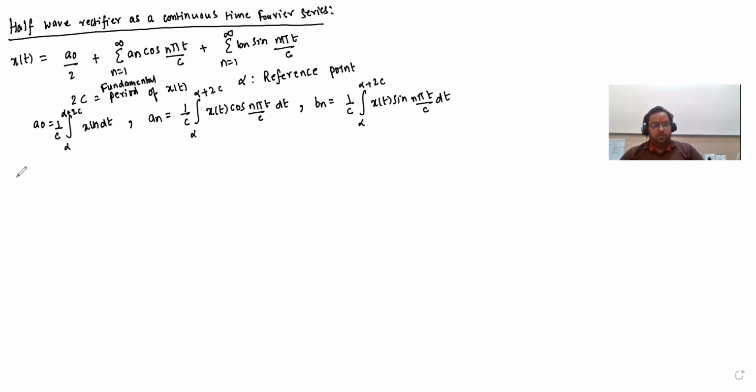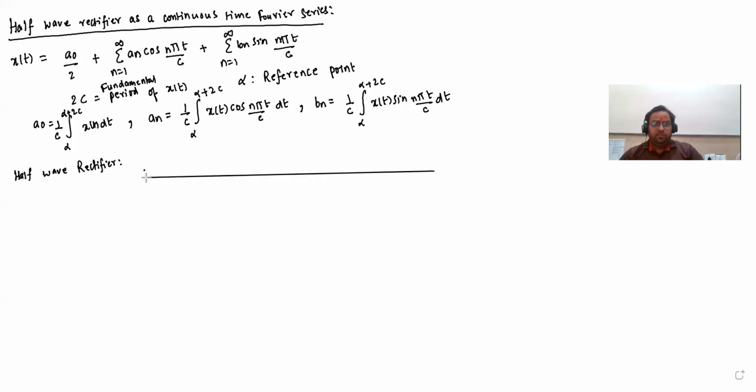So let us solve the half wave rectifier problem. I'll first draw the waveform of a half wave rectifier.